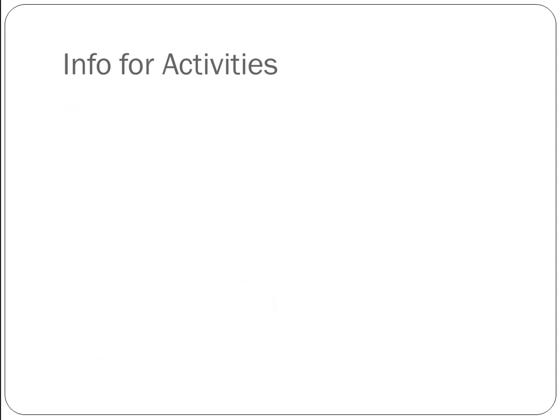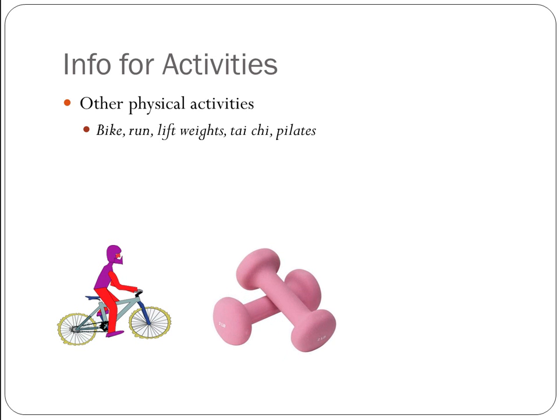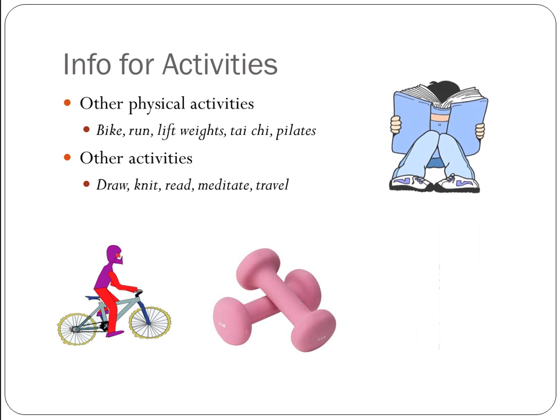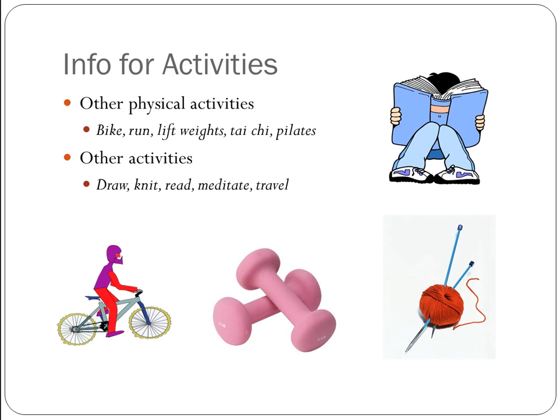For activities, we want to know if they participate in other physical activities, such as cycling, tai chi, swimming, or lifting weights, and if they participate in other non-physical activities, such as drawing, knitting, reading, meditating, or traveling.